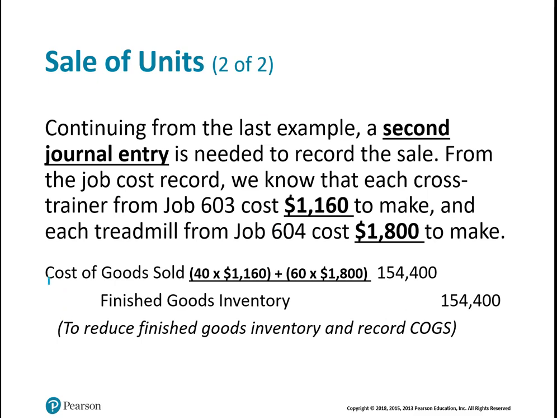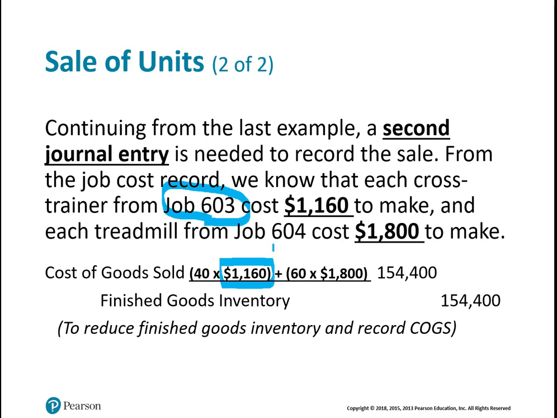And the second part is the cost of goods sold. Of course, this is where we determine that, if you remember, all the way back on job 603, we determined that the average cost for job 603 was $1,160. So there were 40 of those.